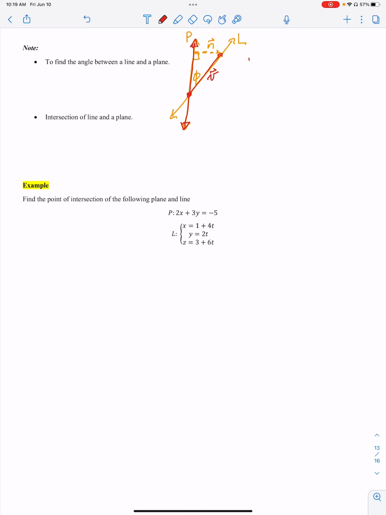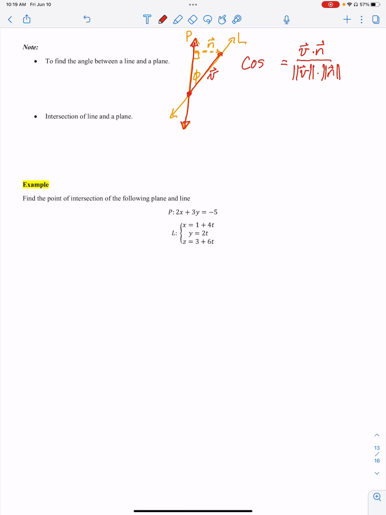I could use this definition, cosine, and I'm going to leave that blank for a minute, and I would take V, and I would dot it with N, and then I would take their magnitudes, and use that definition to find the angle between the two vectors.